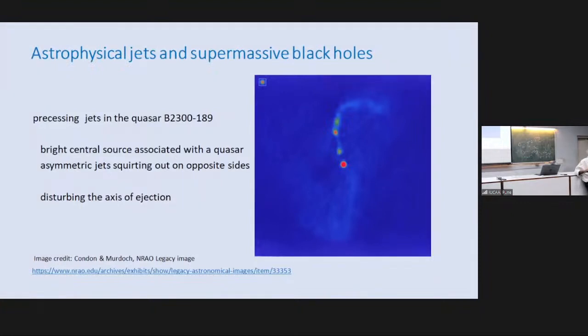Next question: why don't most of the radio galaxies show precession? Why don't all of them show precession? So clearly, the kind of interactions which are required to disturb the axis of the black hole are not in place. That is sort of an obvious, straightforward answer.